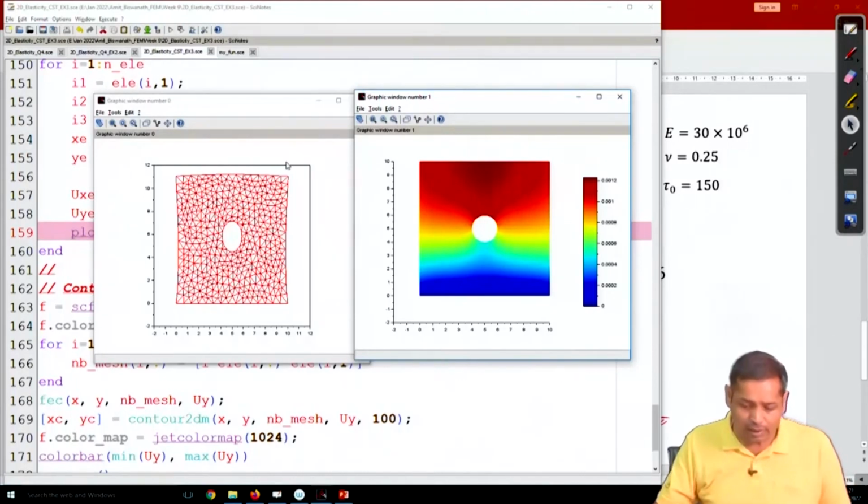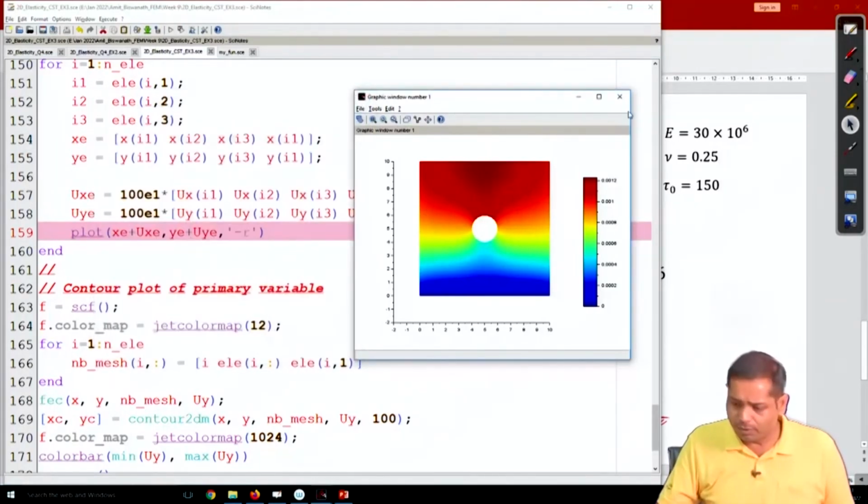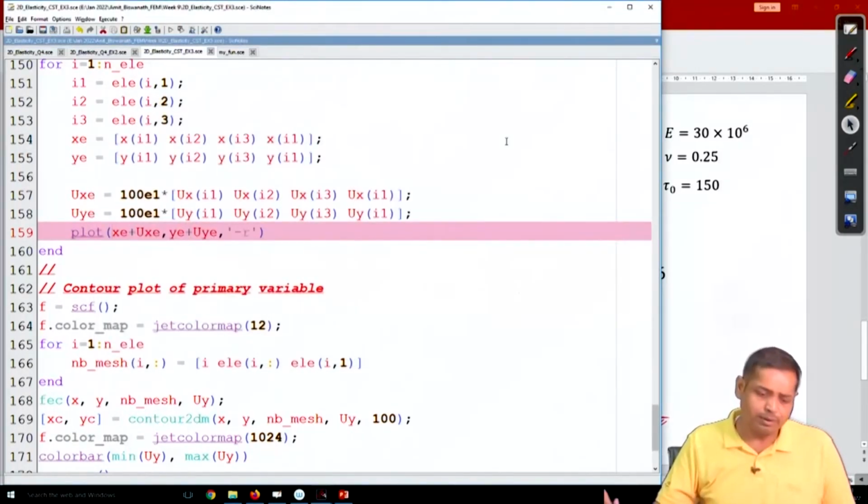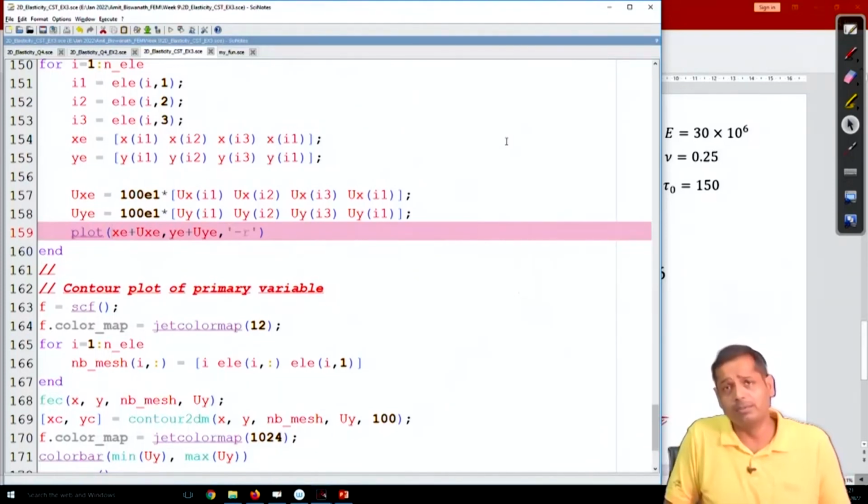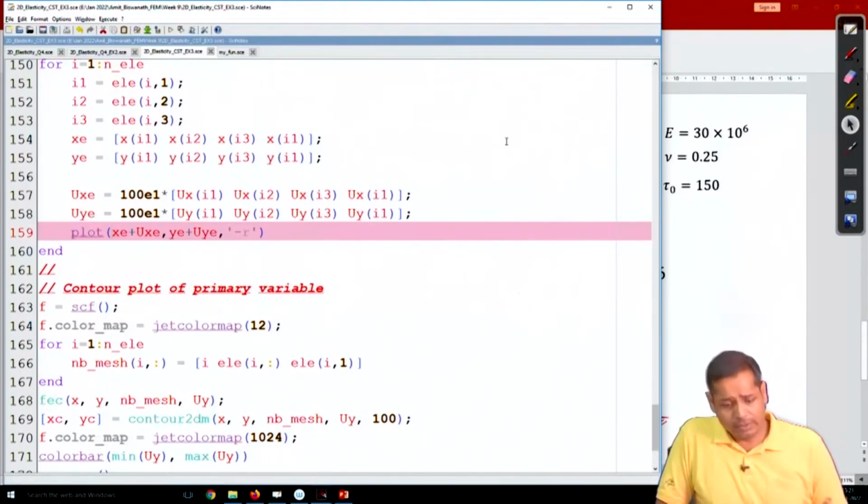Okay. Now, with this, let us stop today and also conclude this week. One thing we have not done in the class is the computation of stresses.